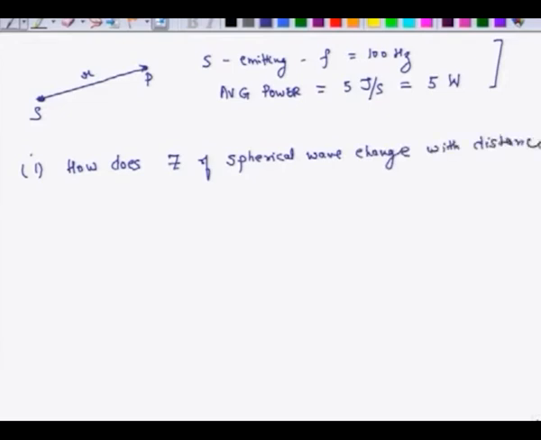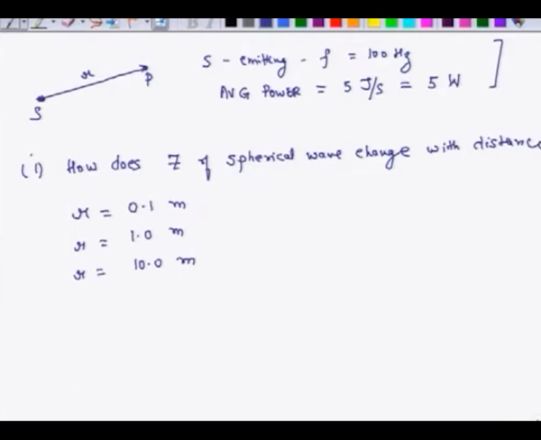In particular, we will look at 3 values of r: r equals 0.1 meters, r equals 1.0 meters, and r equals 10.0 meters. At these 3 values of r, we are interested in finding out what the value of impedance is and how this impedance changes as I increase the value of r.